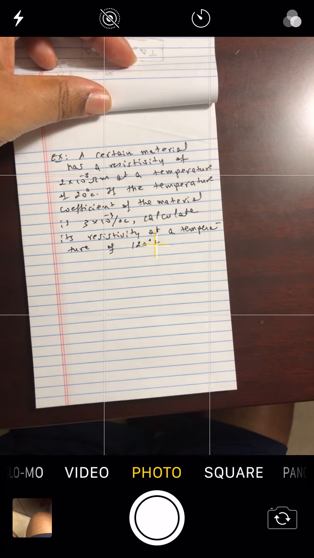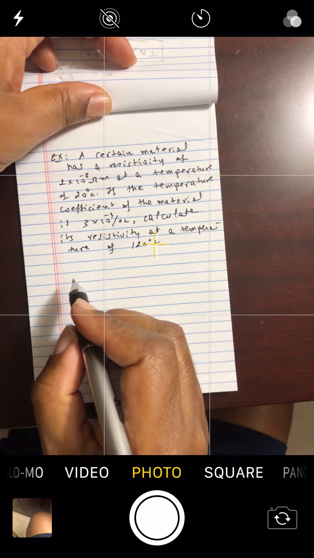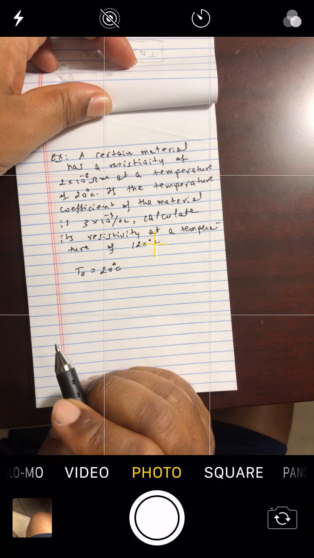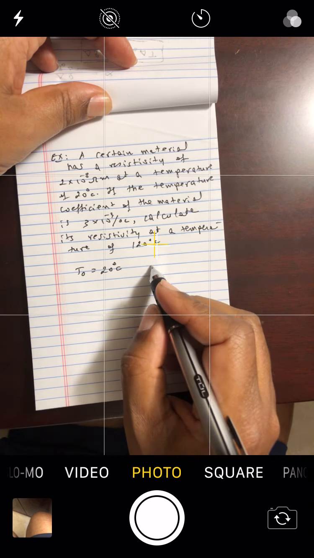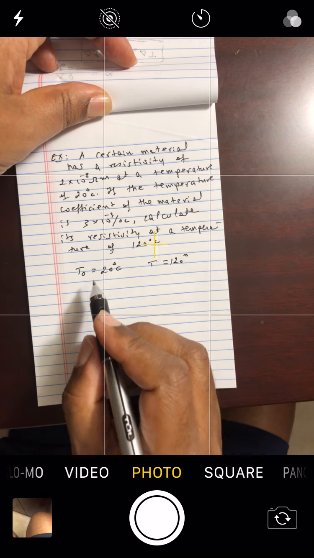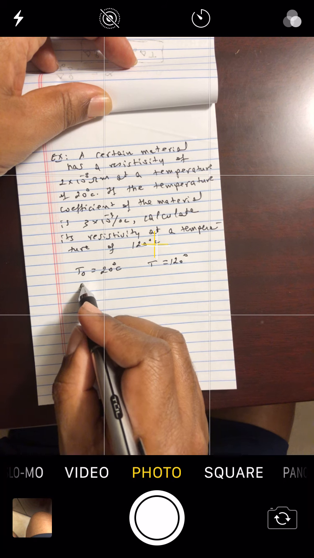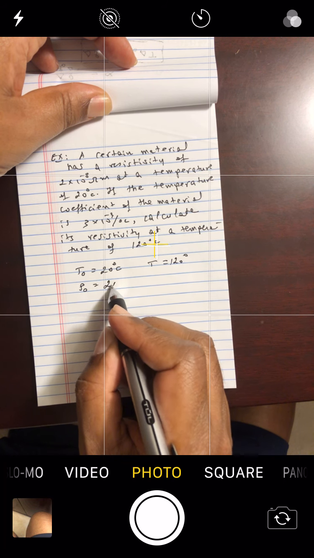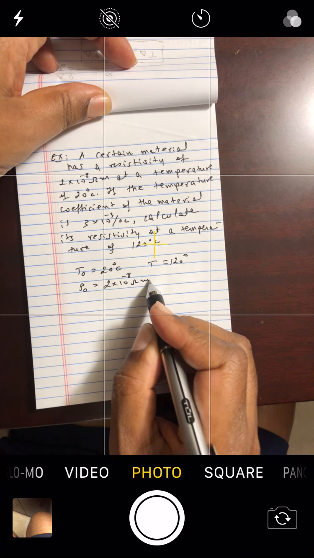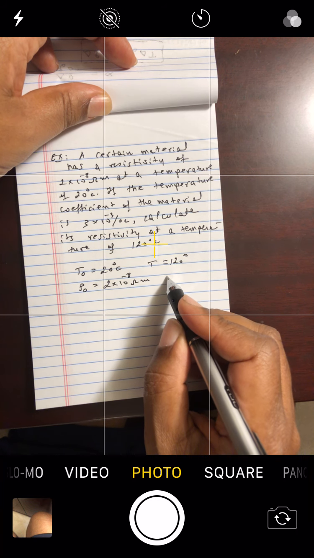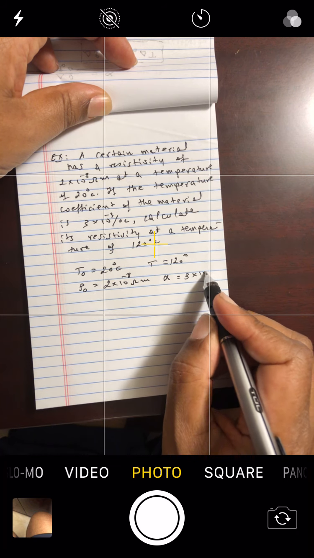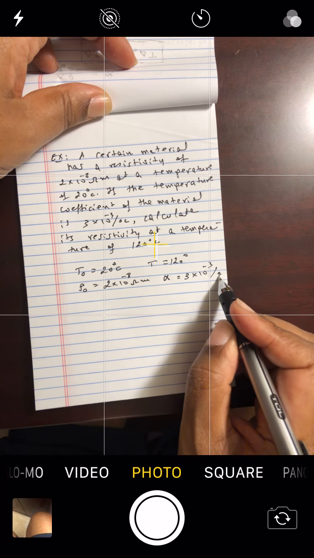So what we have is our initial temperature is 20 degrees centigrade, and then the temperature is increased to 120 degrees centigrade. The resistivity at the initial temperature is 2 times 10 to the power of -8 ohm meter, and we're told the temperature coefficient for the material is 3 times 10 to the power of -3 per degree centigrade.